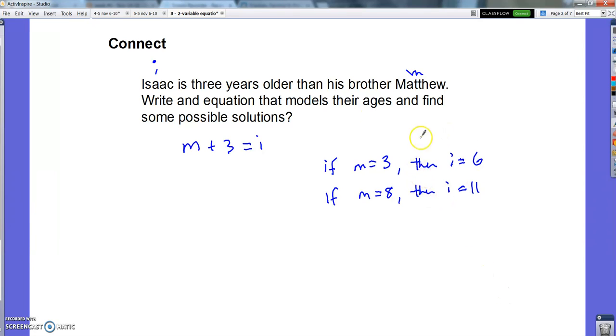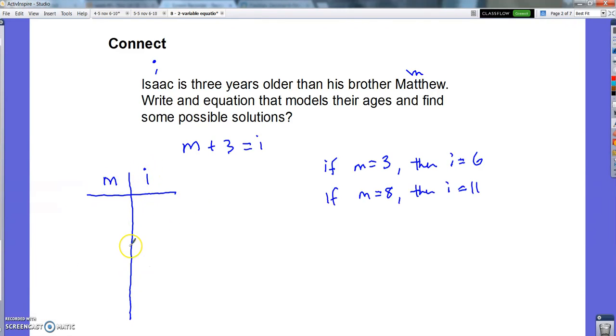So we're going to do this same idea today. We're going to write the equation, and we're going to do this kind of if this, then this kind of thing. But instead of writing it out like this, the way you usually see a mathematician do it is in a table. So over here I'm going to draw a table. Instead of just writing sentences, they'll make a table: Matthew's age, Isaac's age.